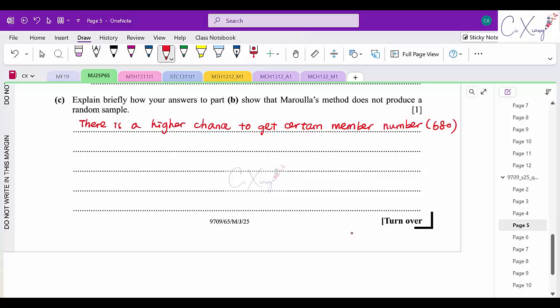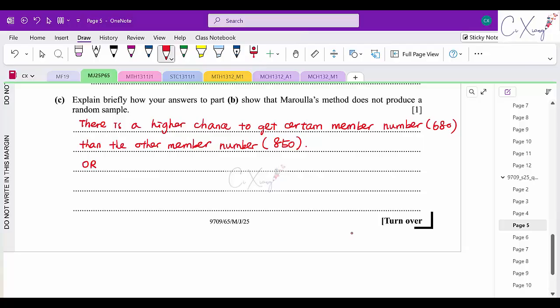All right, then the other member number, which is basically 850. Okay, or you can just tell them that the probability of obtaining each member number is not equally likely, also can.